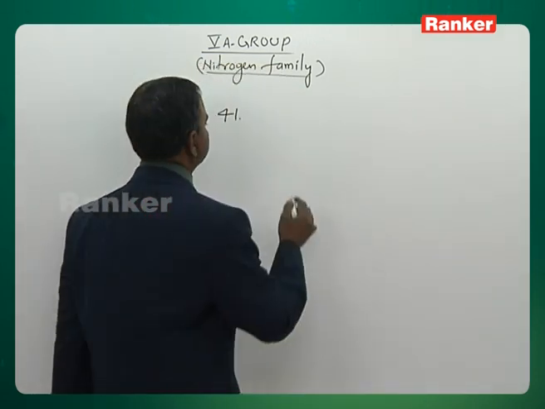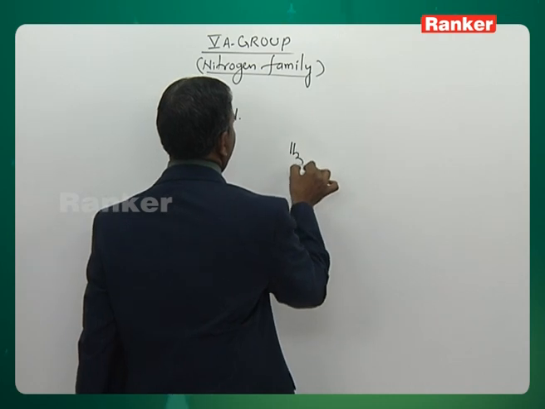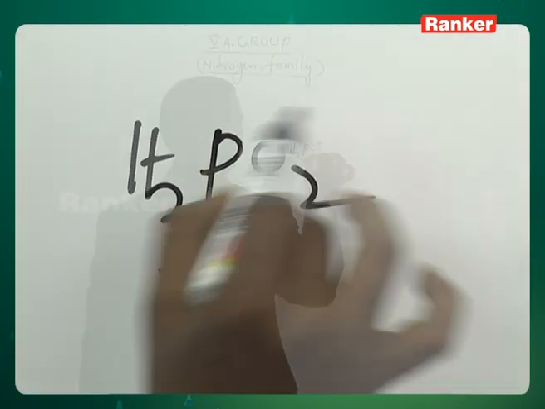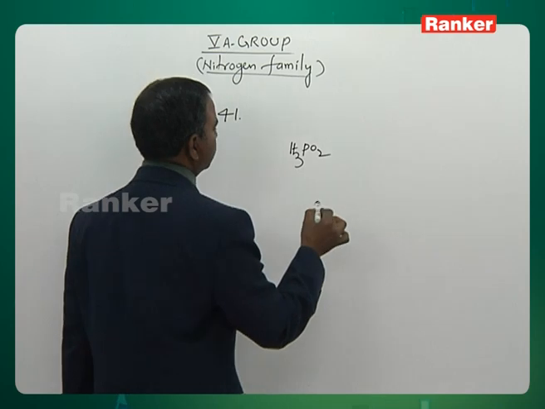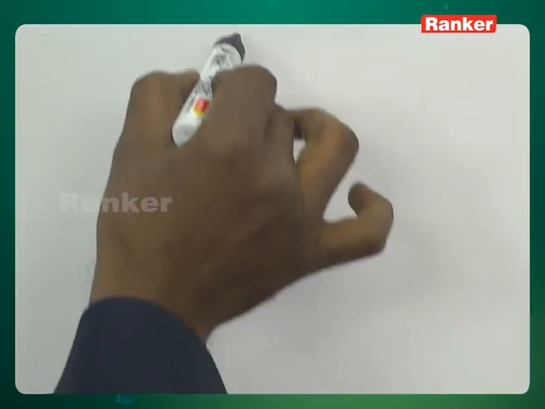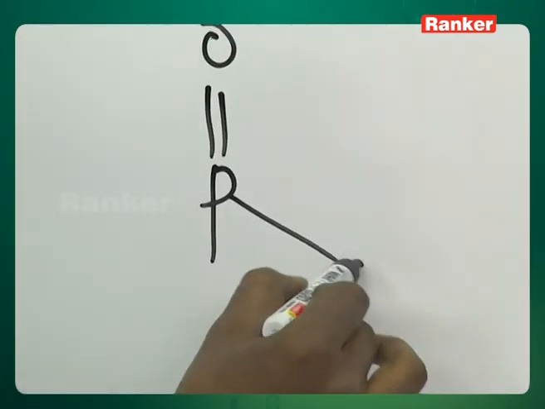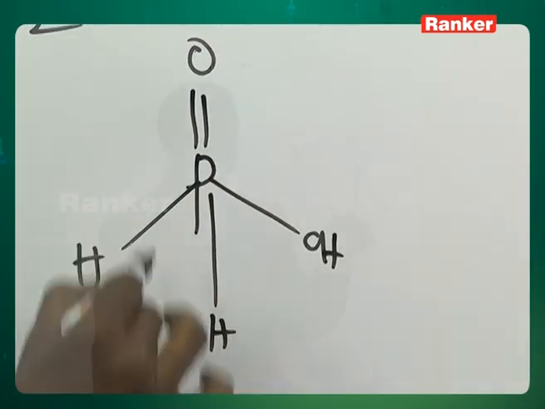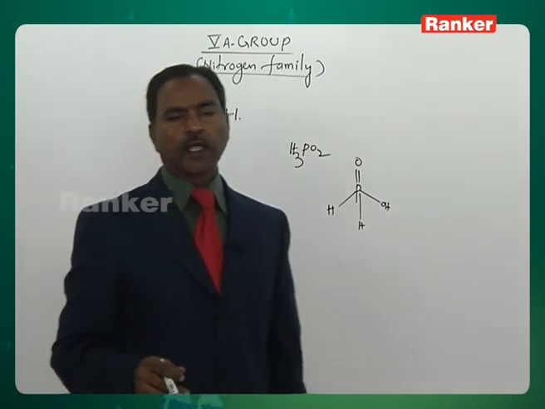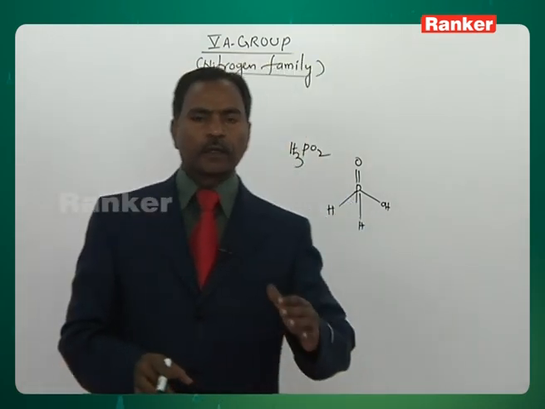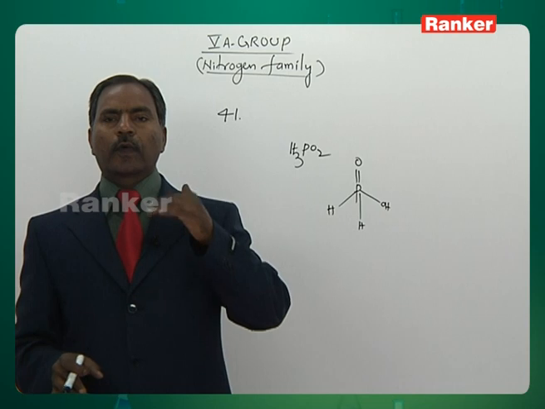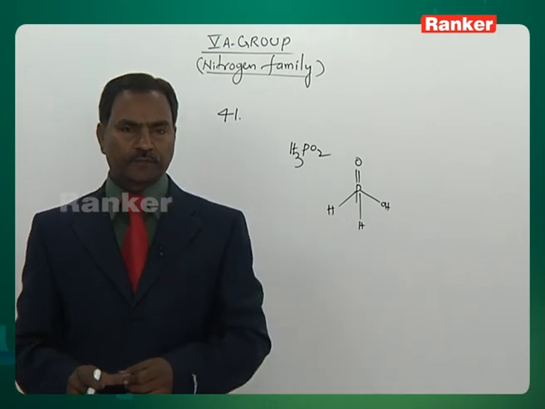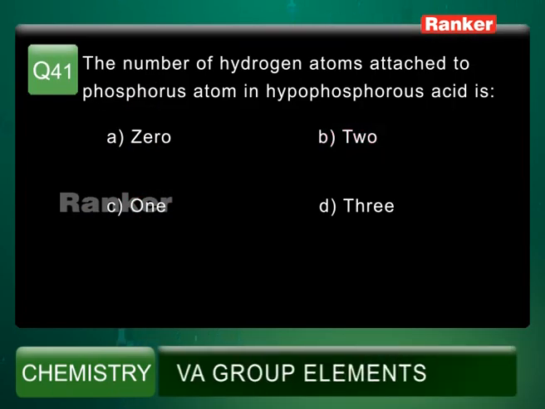Hypophosphorus acid, H3PO2. The structure you should know: P double bond O, one OH, two P-H bonds. Therefore, for question number 41, the number of hydrogen atoms linked to phosphorus is two. Answer is B.